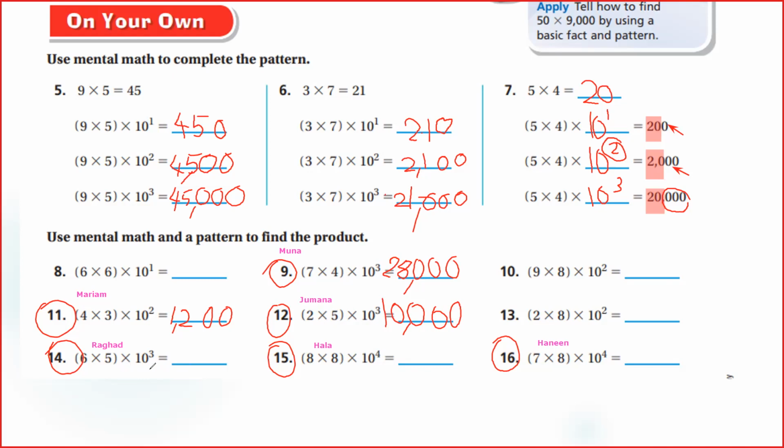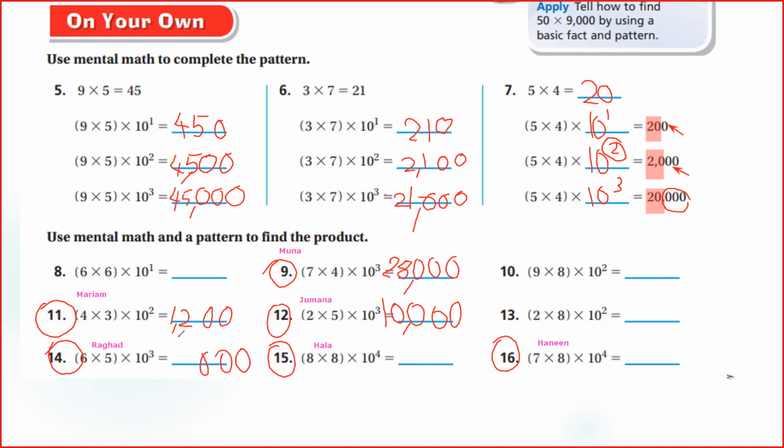Now Ragad. Where's Ragad? Okay, Noura. Lamia. Yes, Lamia. 10 to the power of 3. So how many zeros should you add? 3 zeros. 1, 2, and 3.